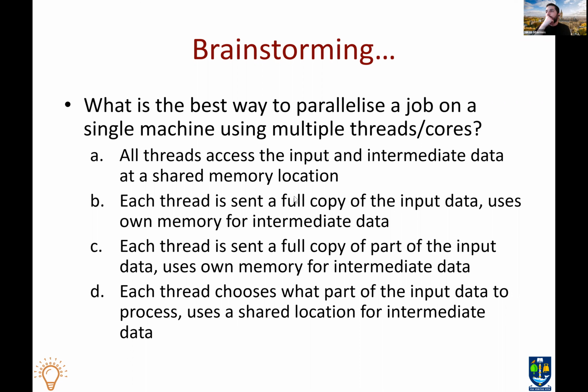The fact that there is no single coordinator means that all threads need to talk to each other to make sure there is no overlap. And how do you do it then? A couple of answers are coming in.